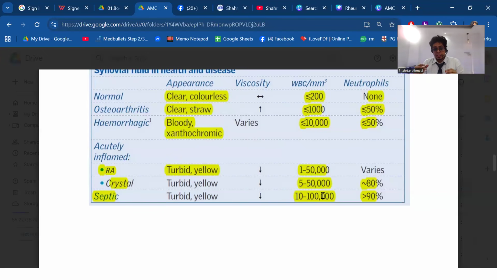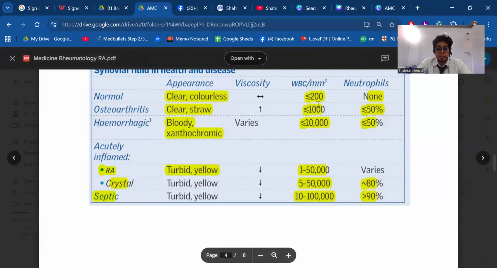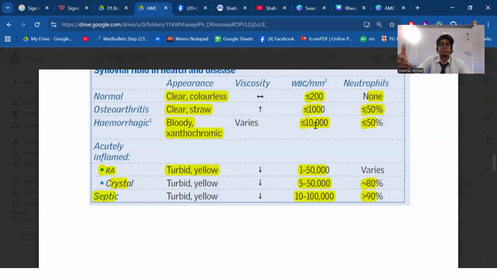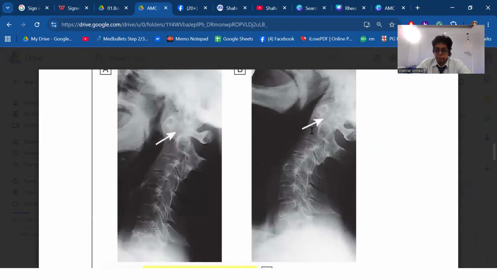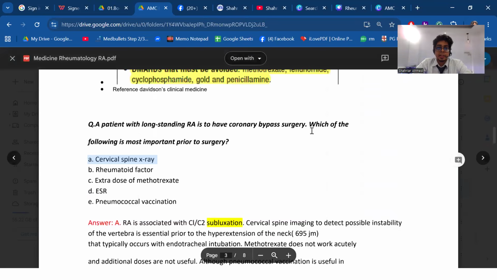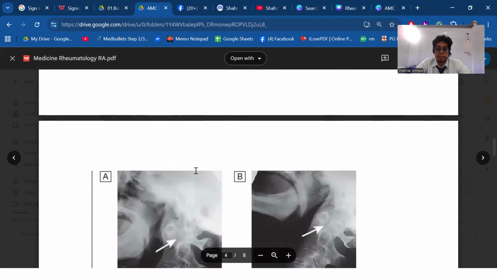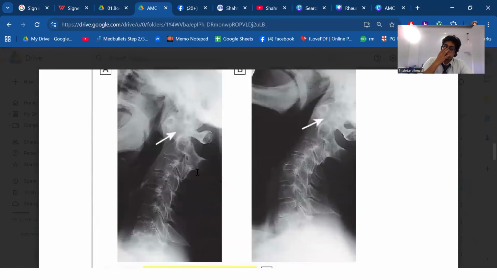Septic arthritis especially has a huge number of WBCs or polymorphs, more than rheumatoid arthritis, whereas normal, osteoarthritis or viral have very few findings. Yes. The X-ray may not be given, but mostly this kind of question will come in the exam. Okay, the information should be given. This one you will also find in our SMA note section, my dear.